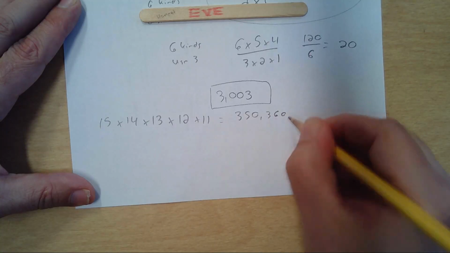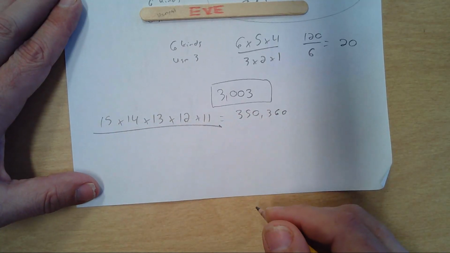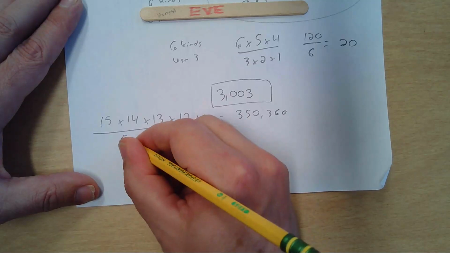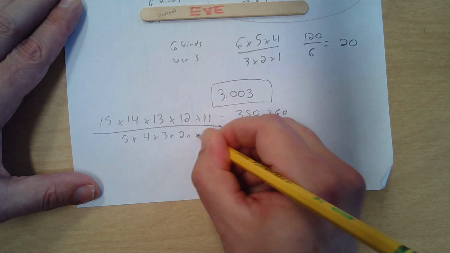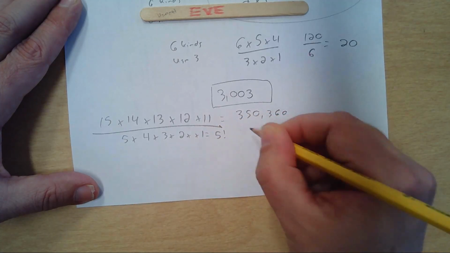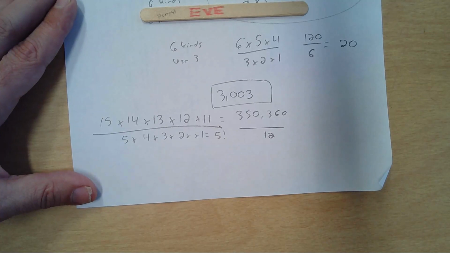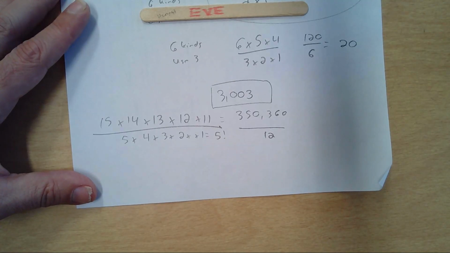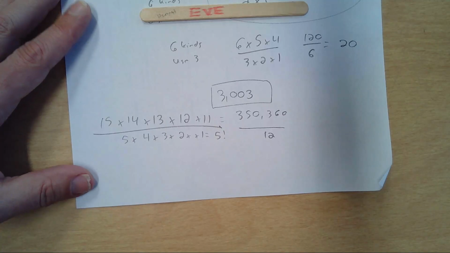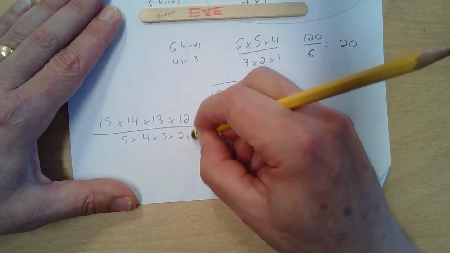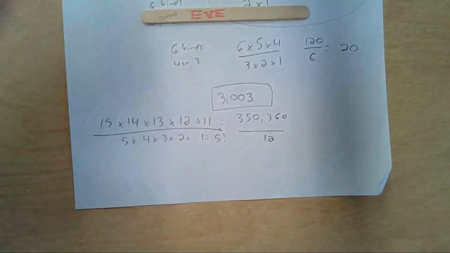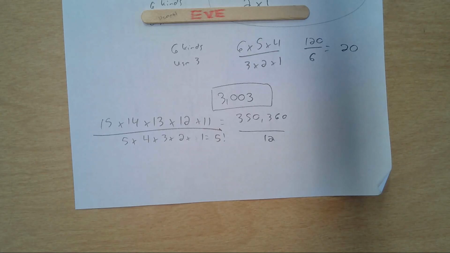And then I did the bottom part, the 5 factorial, and got 120. And then I divided it.